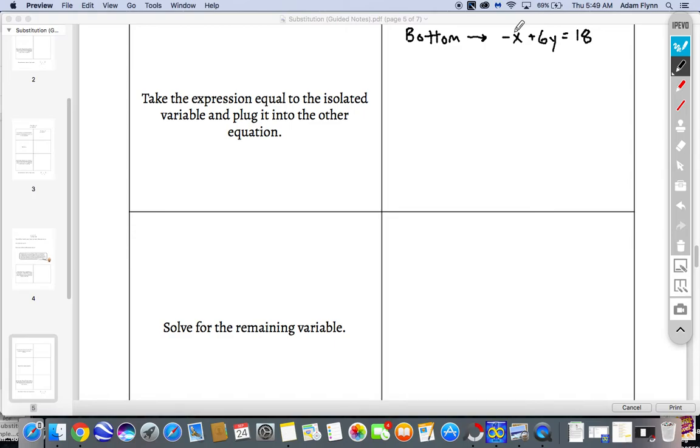So what I can do is I can replace that x with that expression that I just found. So if I rewrite this bottom equation, I've got -3 plus y, which is replacing the x, and then the rest of this equation. So I've got plus 6y equals 18.